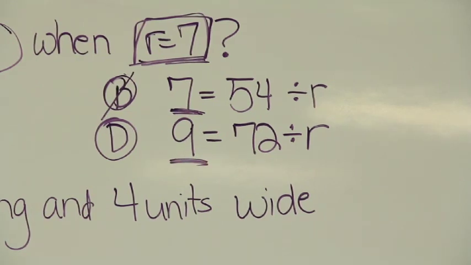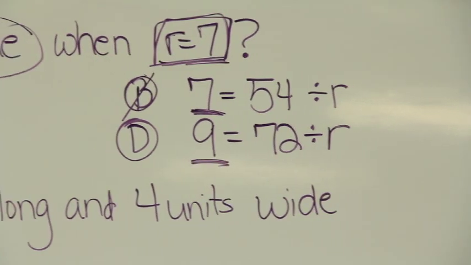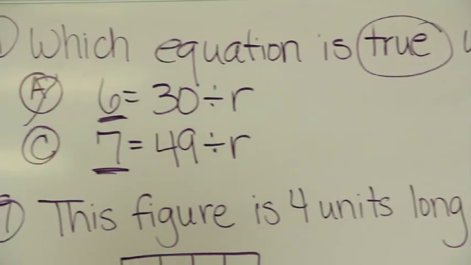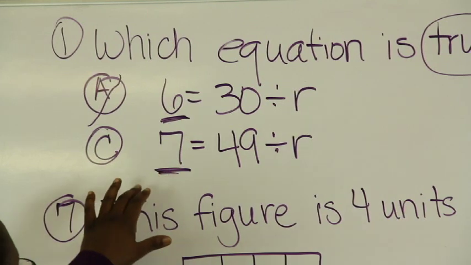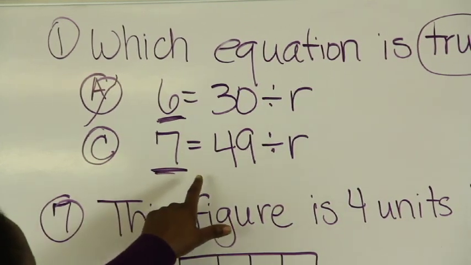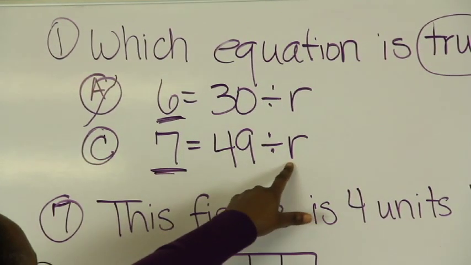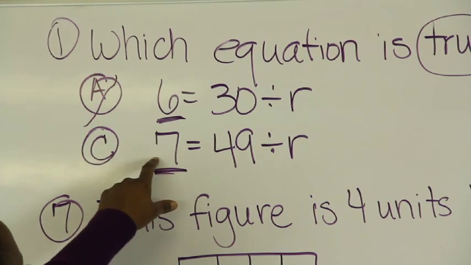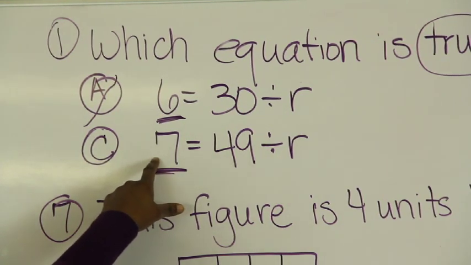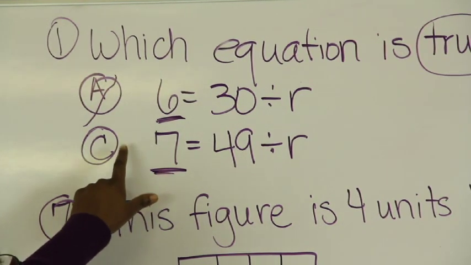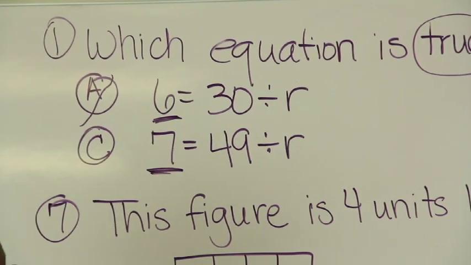Either way, there are 2 different ways you can solve it. I'm going to stick to the factor way just because you can see that much easier and quicker with me. Okay? So 7 times 7 equals 49, and it does, so we can't mark that one out. Let's just leave it there.